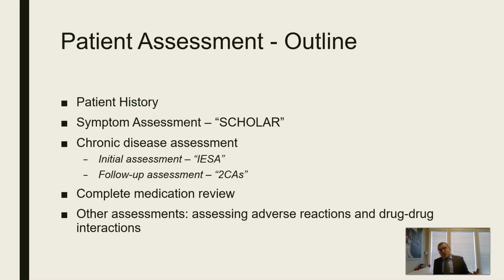With an initial diagnosis, you do the IASA: indicated, effective, safe, and patient adherence. For follow-up assessment, you do the 2 CAs: control of the disease, complications of the disease, adherence, and adverse drug reactions. We'll discuss those in more detail in the next series of videos.